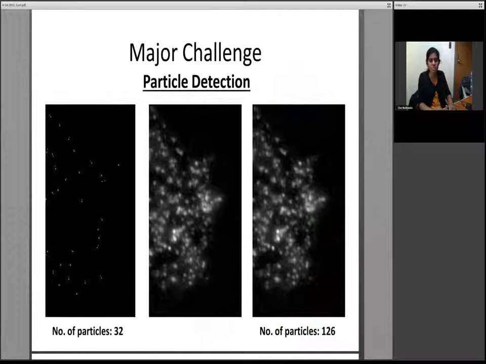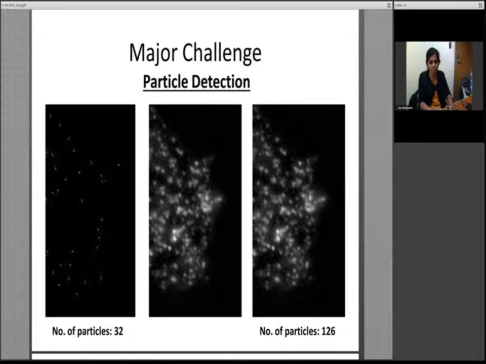So the major challenge that we faced with respect to this project was that already present software had a problem with particle detection. They were not doing it very accurately. So this is a picture which shows only one tiny part of the cell, which has a lot of dots. If I were to manually count this, I get this number, 126.